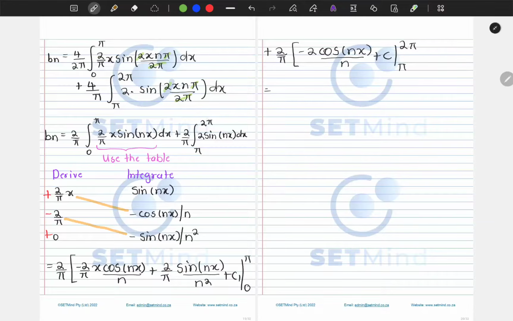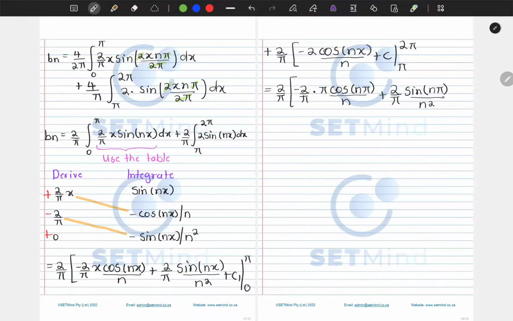So we can go ahead now and do our substitution. We plug in the pi, which means we'll have 2 over pi into negative pi cos of n pi divided by n, plus 2 over pi sine of n pi divided by n squared.